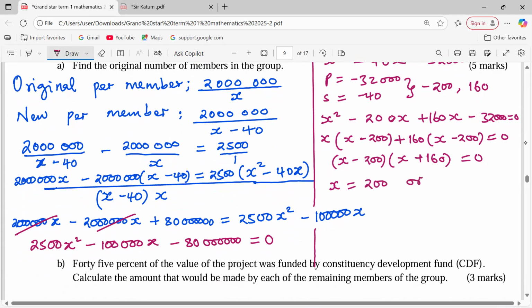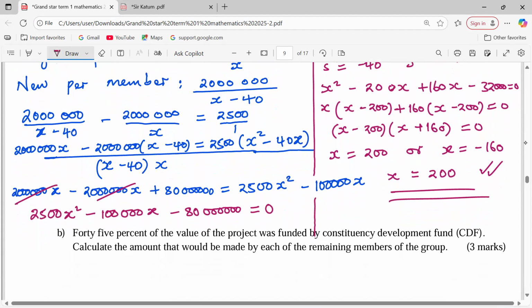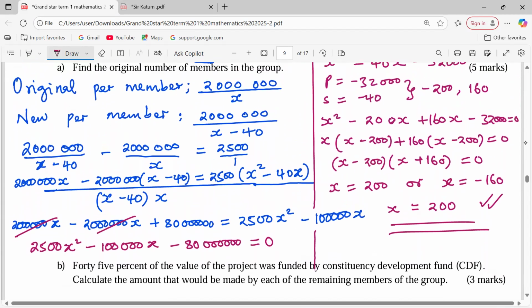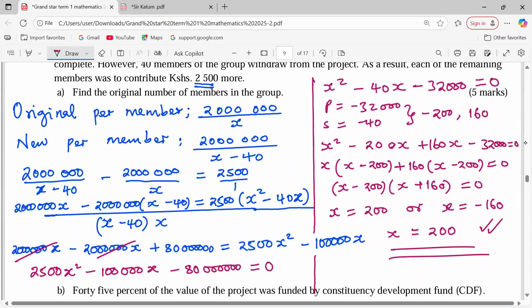Or from the second bracket, x equals negative 160. Because we are handling a number of people, the original number is supposed to be 200 people, because a given number of people cannot be negative. So we stand with 200. That is how we solve that particular equation.